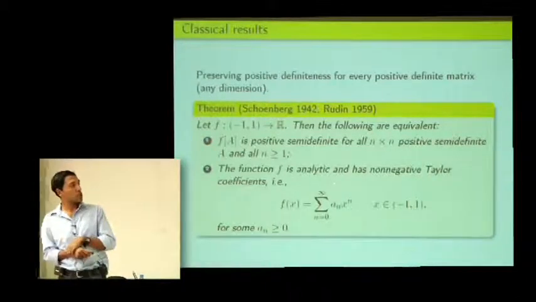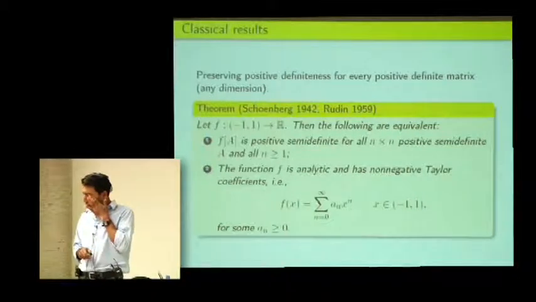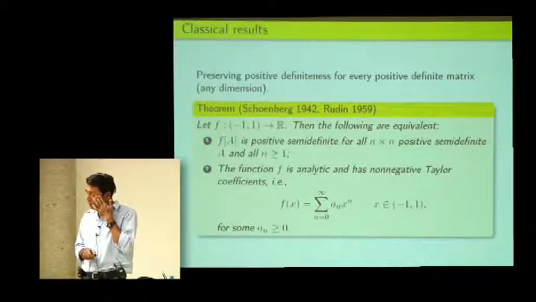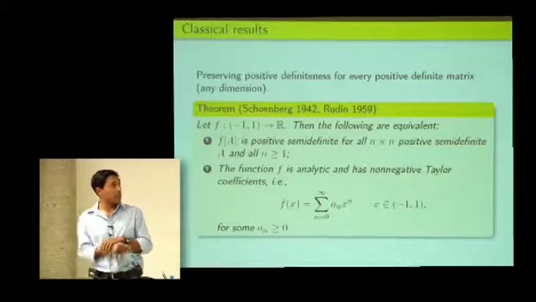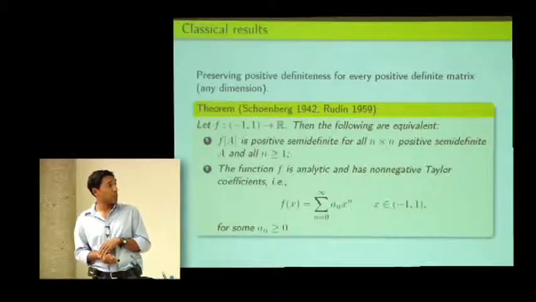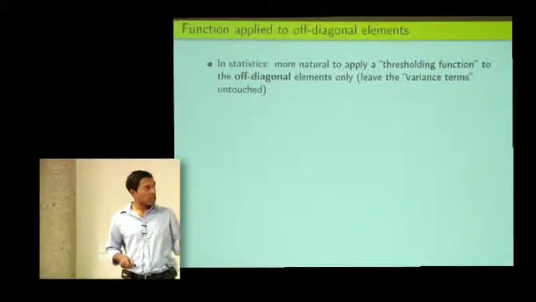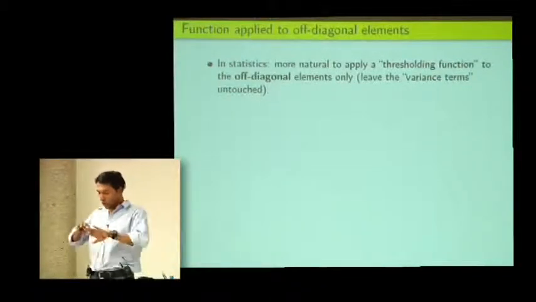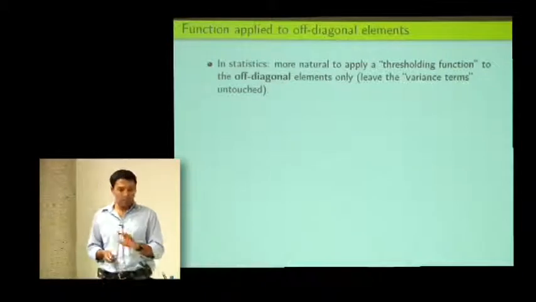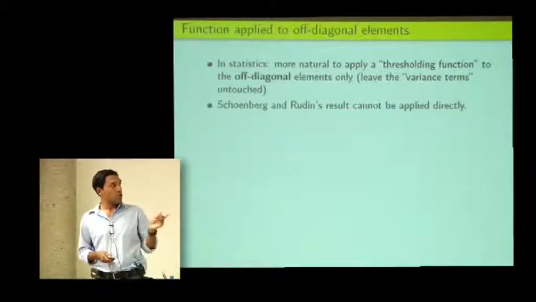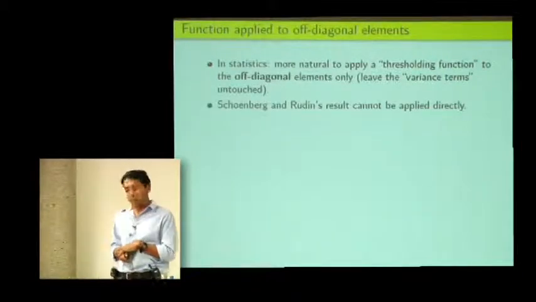This was proved in a Duke Mathematical Journal paper and a Transactions of the American Mathematical Society paper in 1942 and 1959 by Schoenberg and Rudin. These results are good, but in statistics it's more natural to apply a thresholding function only to the off-diagonal elements, to leave the variance terms untouched. So Schoenberg and Rudin's results do not apply directly.